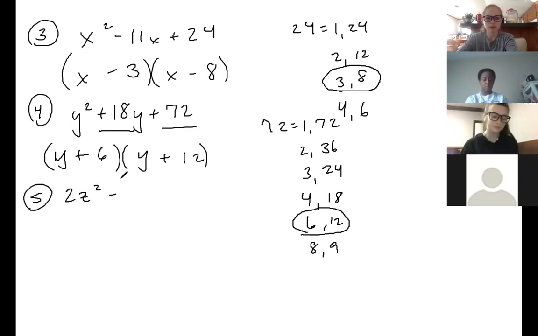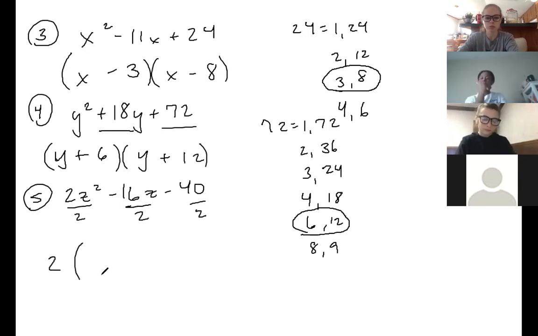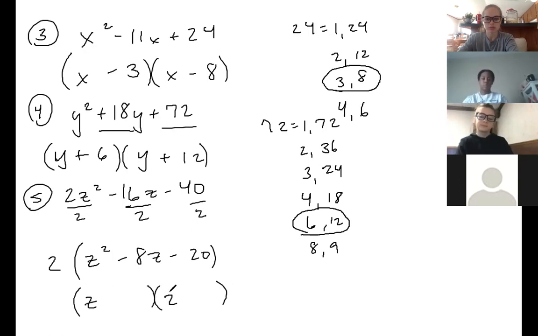Number 5, there's a common factor I can factor out of each term, and that would be 2. So let's pull 2 out. I'm left with z squared minus 8z minus 20. Now let's factor this trinomial. List my factors of 20: 1 and 20, 2 and 10, and 4 and 5.